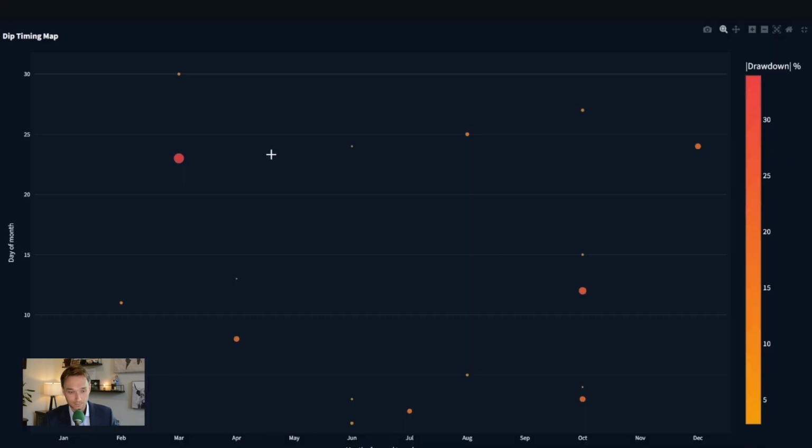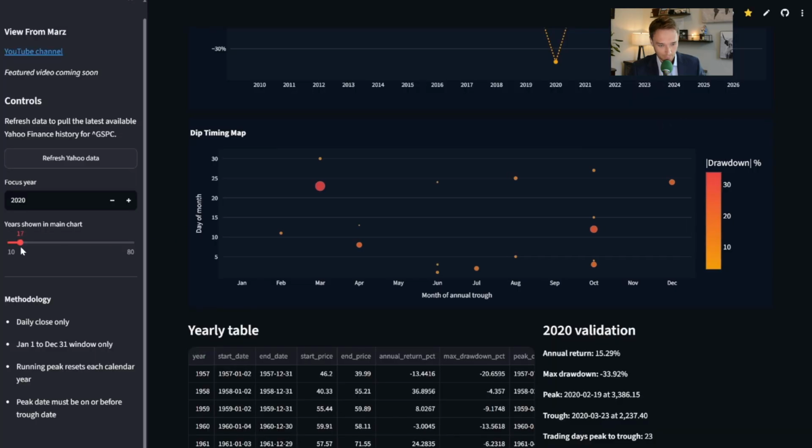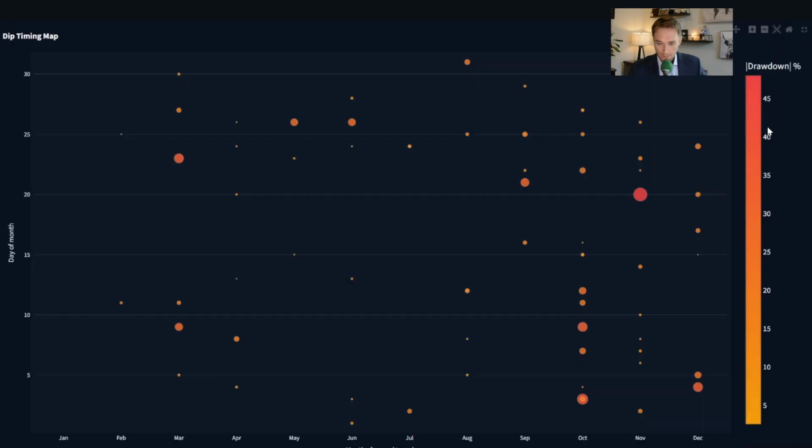What I did here is the dip timing map. I couldn't think of a better name, so I apologize. When during the year did each one of those max drawdowns occur? And hang on, I got to switch this back to the full because this does auto update, okay? Based on what you're displaying. When did the dips occur? Let's go through this. This is interesting.